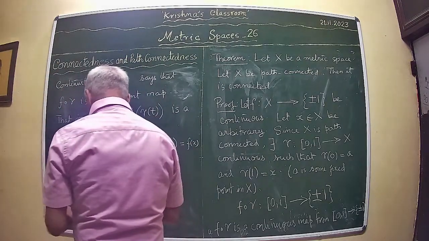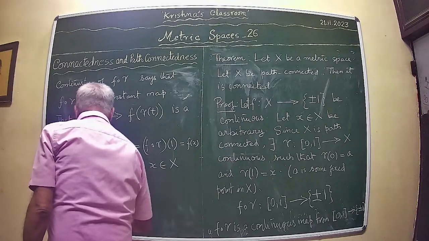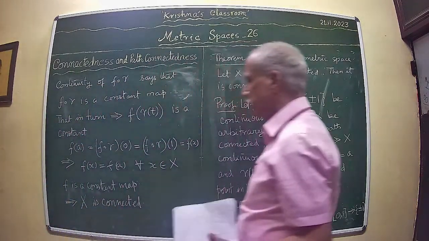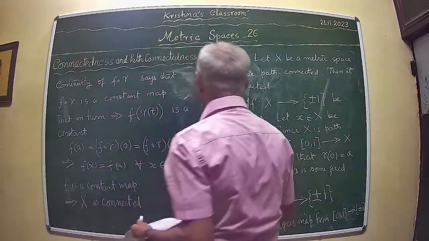So if X is path connected, then it is connected. Okay, so that completes the proof.